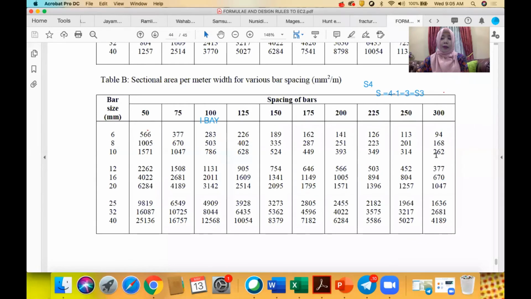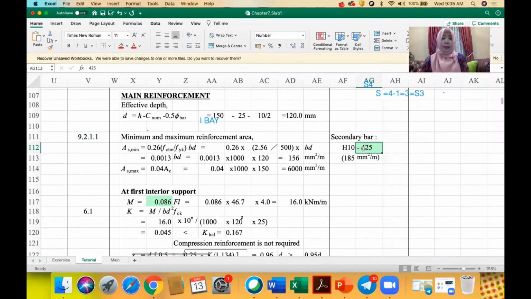So you may choose 300, if you want to use the table. The solution here we calculate, so you can change it to 300. Easy, I think. Okay, 262 according to the table, since this example requires you to use H10.